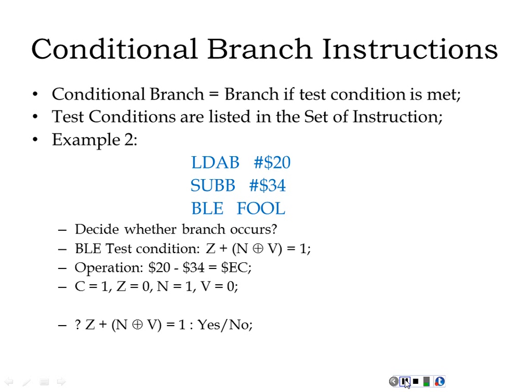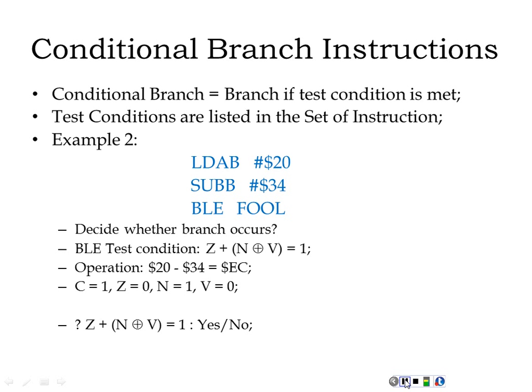Now all these are the flags. This is where you see how important the flags are, because the decisions of all the conditional branch instructions are based on the flags. Again, you are doing a subtraction here, right?